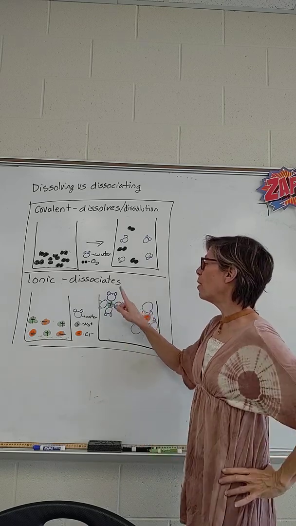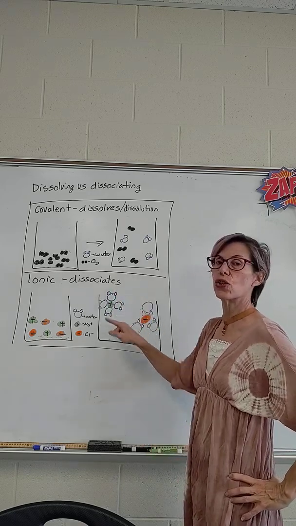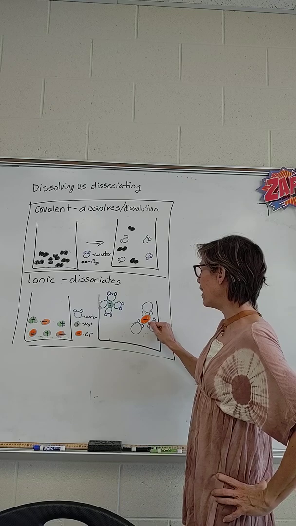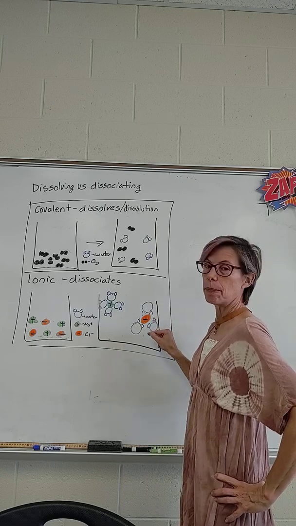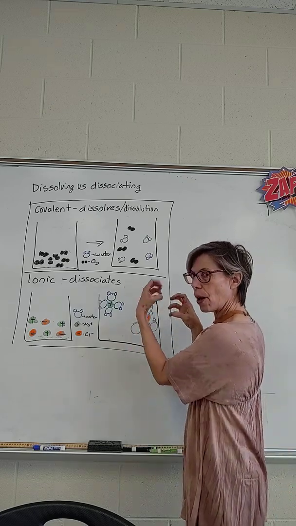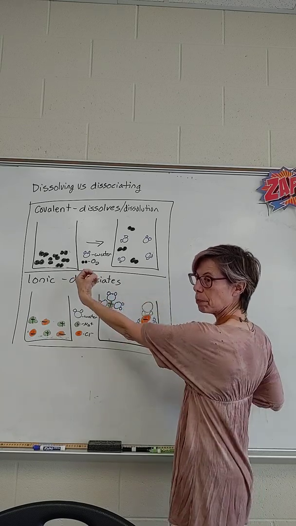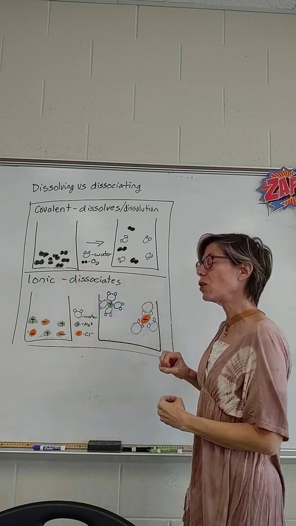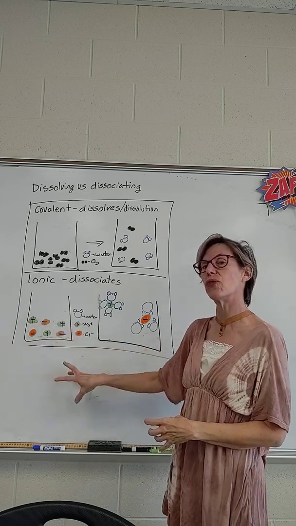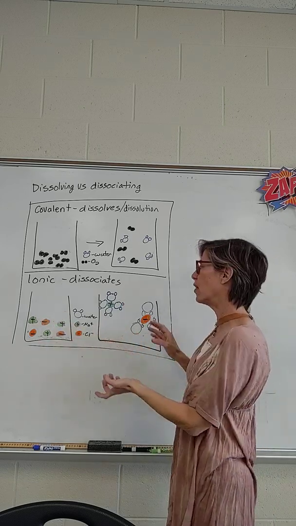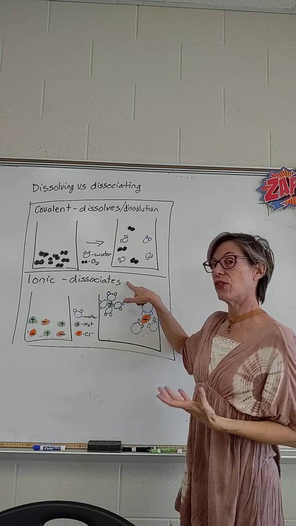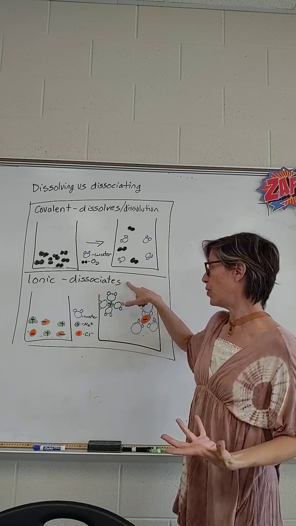We now have positive ions surrounded by water and negative ions surrounded by water. We don't have a positive sodium and a negative chloride together. They've completely separated. So they're not only separate from the crystal of salt, but they're separate from each other. This is what we call dissociation. We say that it dissociates.